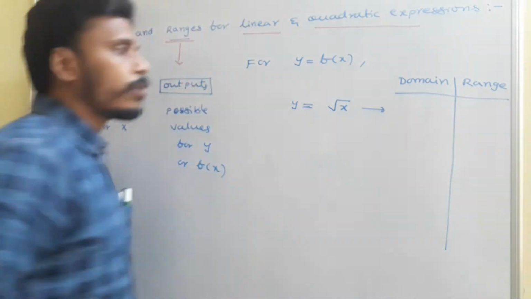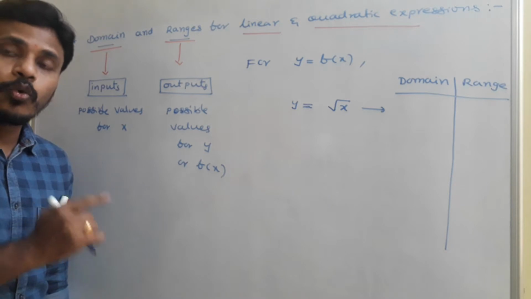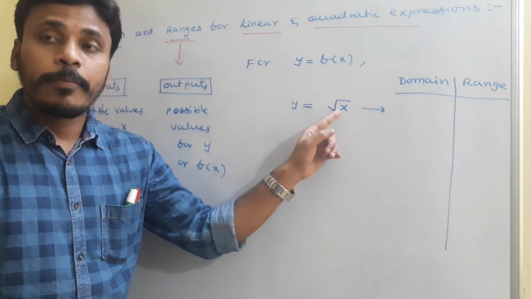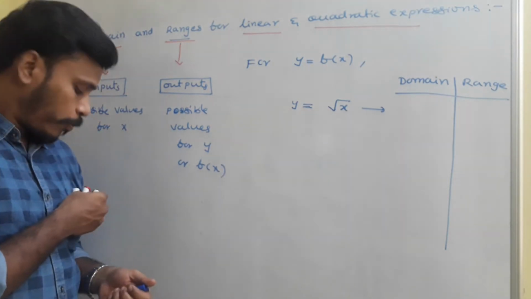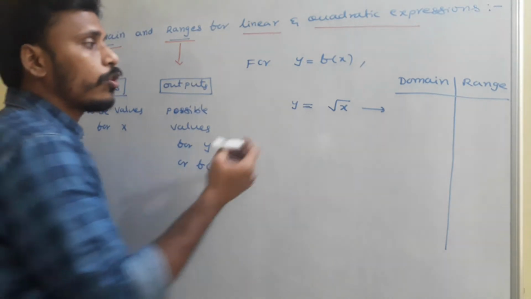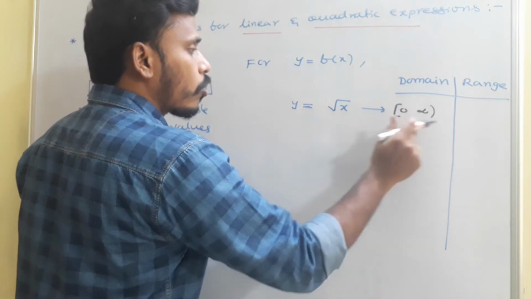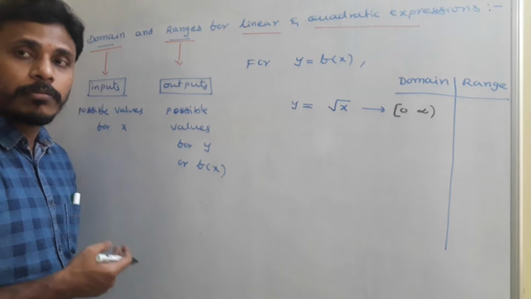Root x is possible only for positive real numbers. 0 is also acceptable. So the possible values for x according to this expression are from 0 to infinity. Starting from 0 to infinity, all those positive real numbers are acceptable for x.